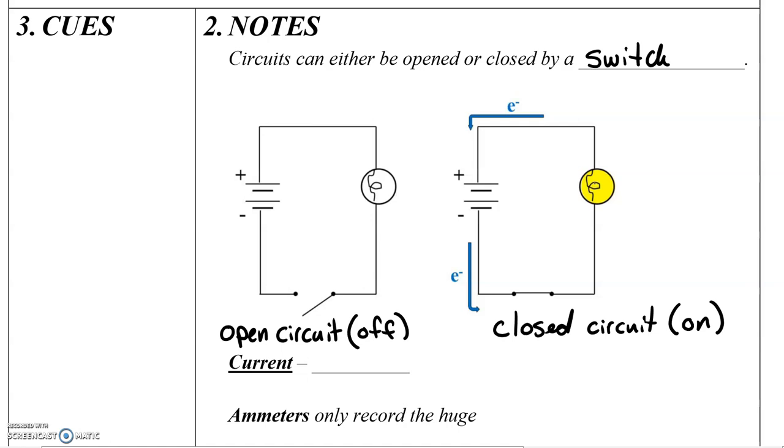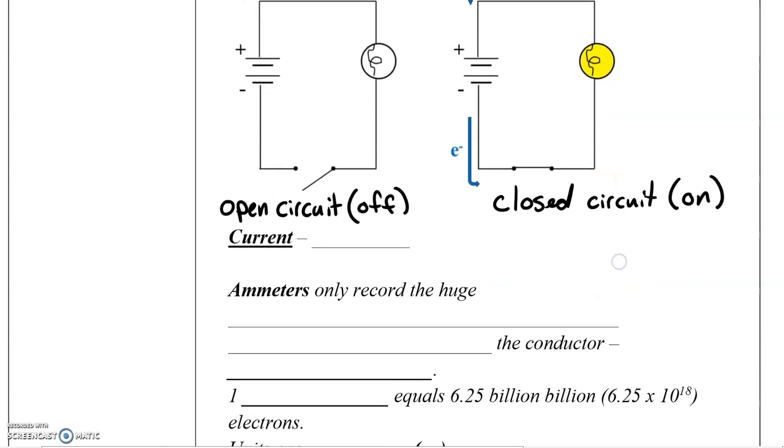So there are three really important aspects to circuits. The first one that we're going to talk about is the current. Now we call this I. Ammeters are the measuring tools that measure the current.